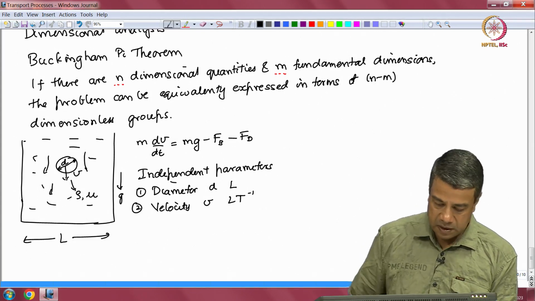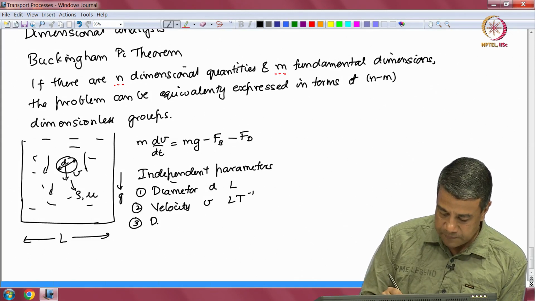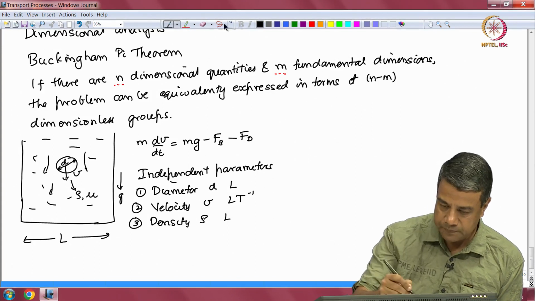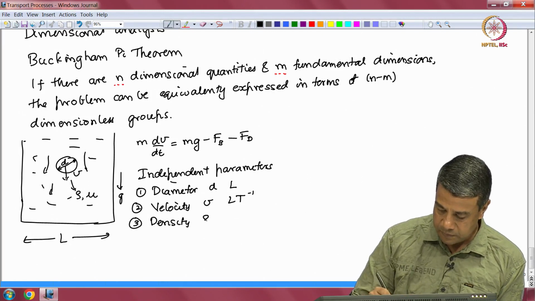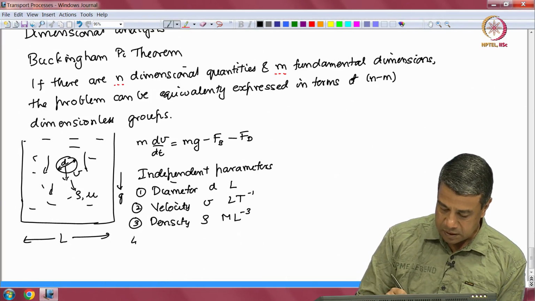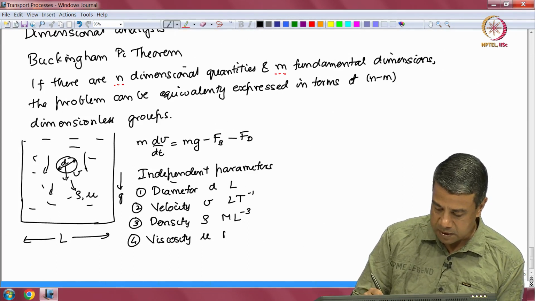There are also the density, rho with dimensions m L power minus 3, and there is the viscosity mu with dimensions m L inverse T inverse.